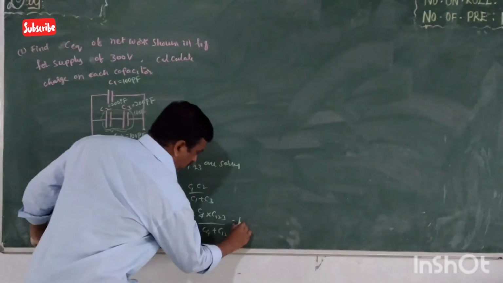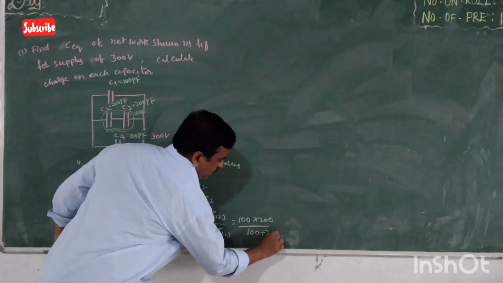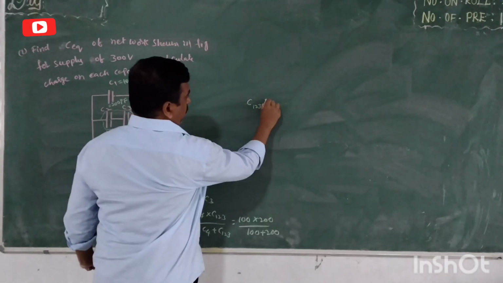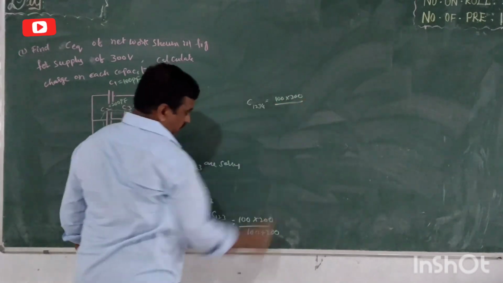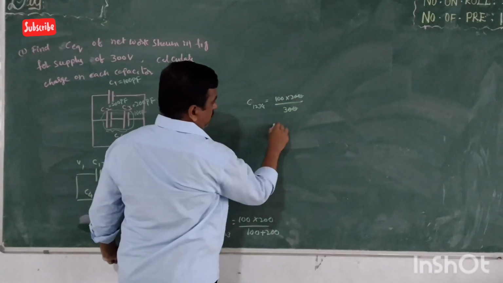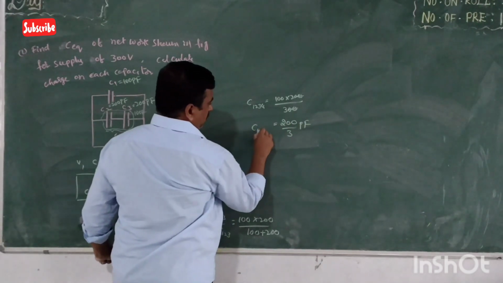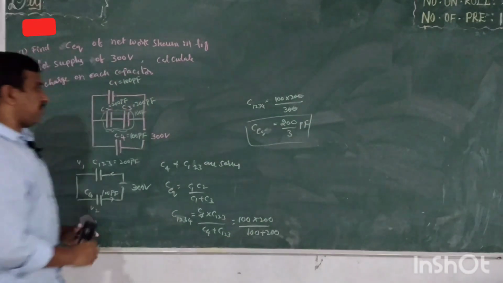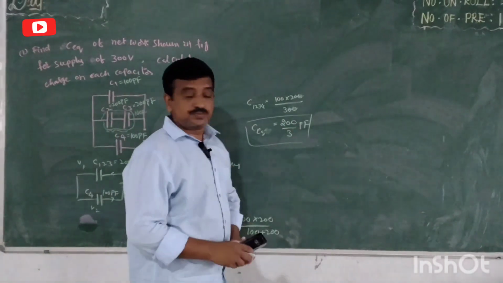So C4 is 100 into 200 by 100 plus 200, which is 300. The two zeros cancel, so we get 200 by 3 picofarads of equivalent capacitance. Not resistance, capacitance. C equivalent equals 200 by 3 picofarads.